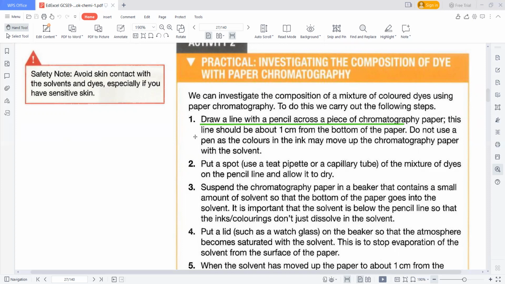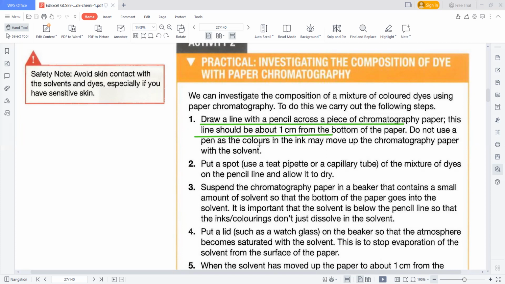Now this line should be about 1 centimeter above the bottom of the page. Why? Because we are leaving that 1 centimeter area free so that the solvent can travel easily. Generally, water is taken as the solvent because water is an excellent, universal solvent. However, you can take ethanol also.